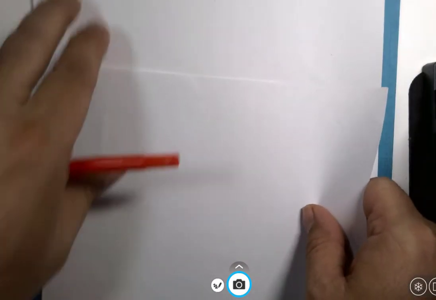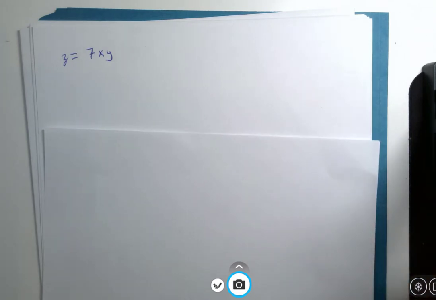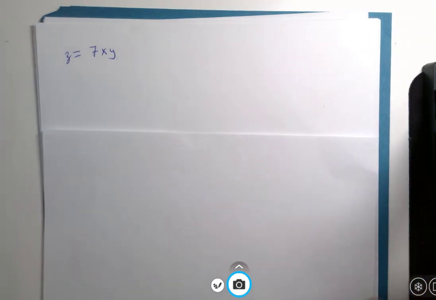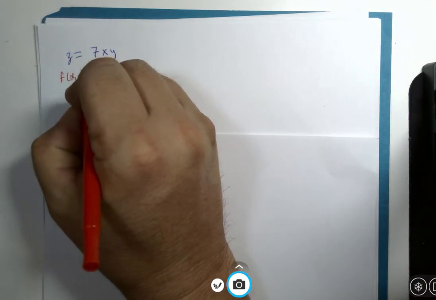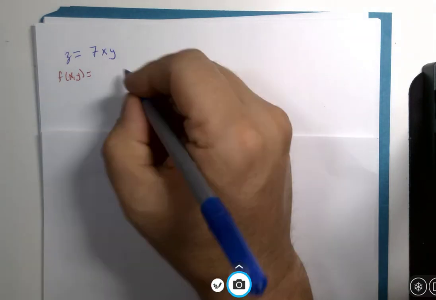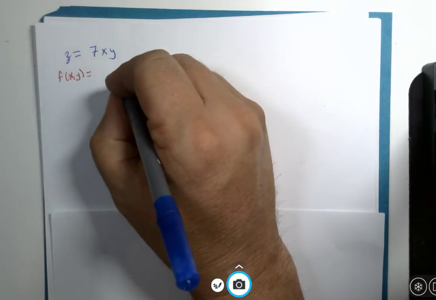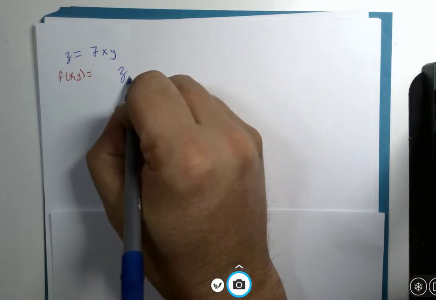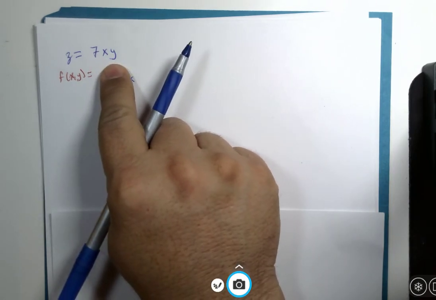So z, another name for f of x, y. If I want to take the partial derivative with respect to x, that means y is just a constant.